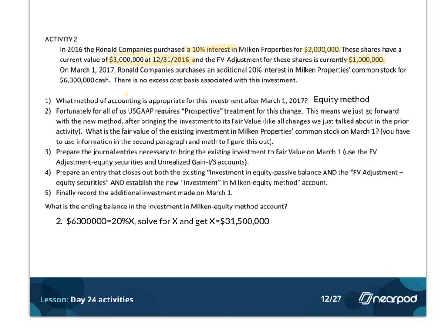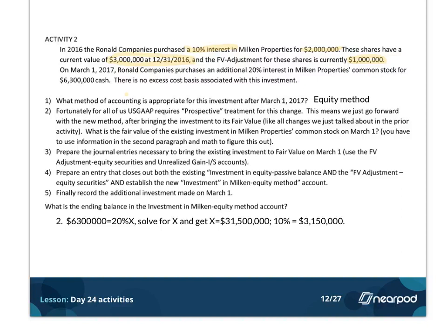and get X equals 31,500,000. Okay, so how did I do that? I basically divided 6.3 million by 20%. And that is going to give me 31,500,000, right? So now the problem doesn't ask you for that number. It asks you for 10% of X. And so if X is 31,500,000, then 10% is going to equal 3,150,000.